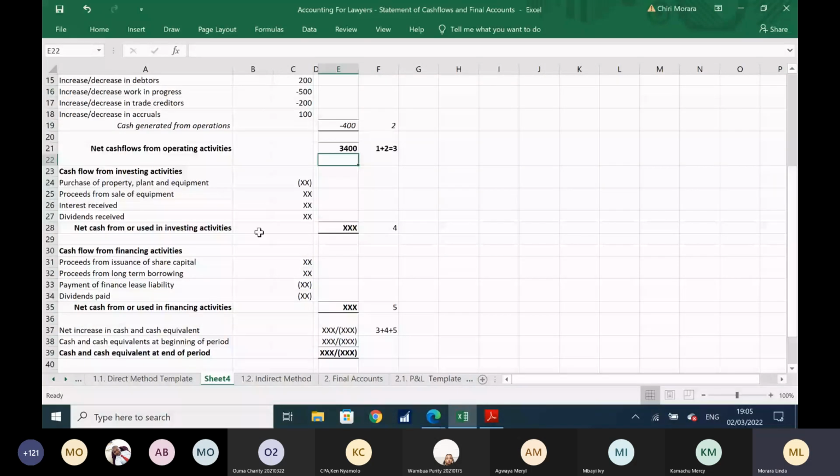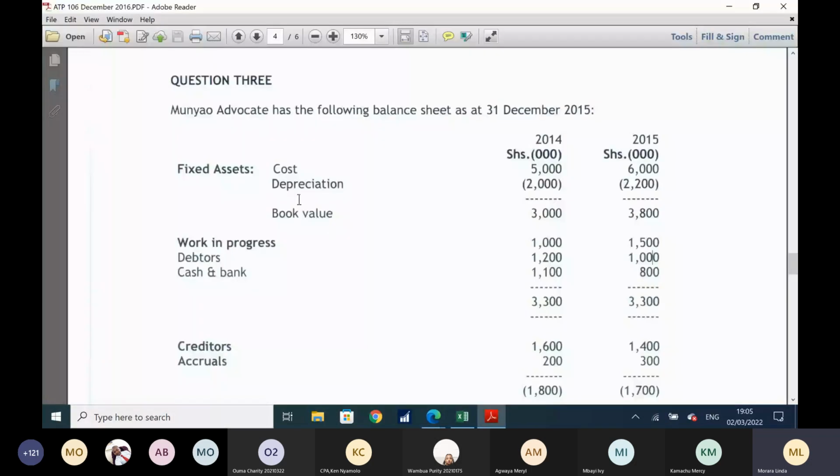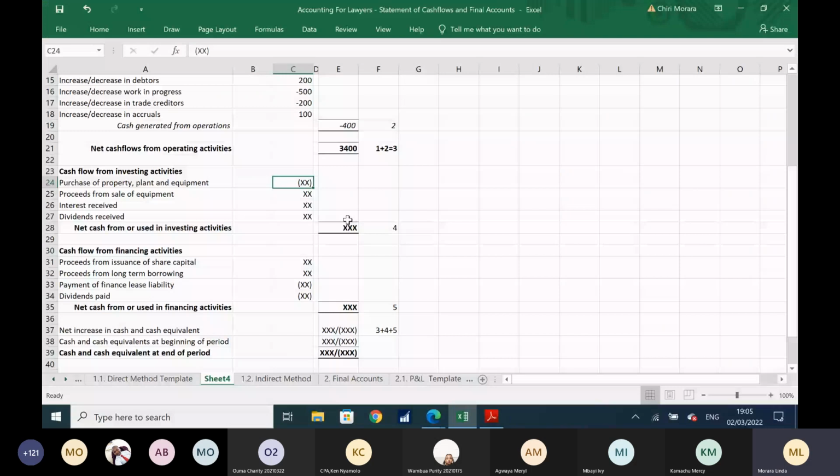Have we purchased anything? Let's find out. Our fixed assets at the beginning were worth 5,000. But at the end, it's now 6,000. So it means we have bought more assets worth 1,000 bob. This is an outflow because you have paid money to buy it, right?